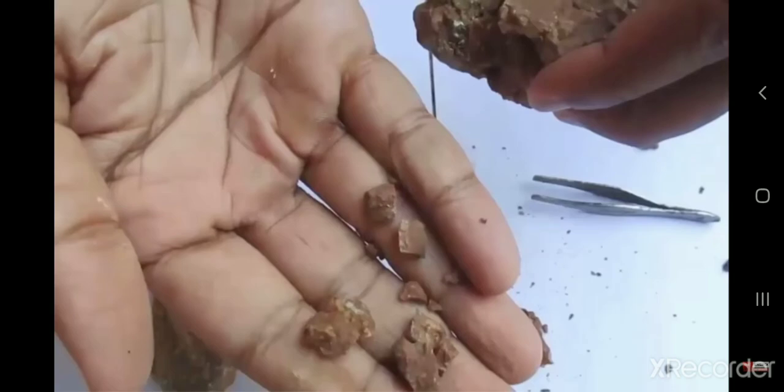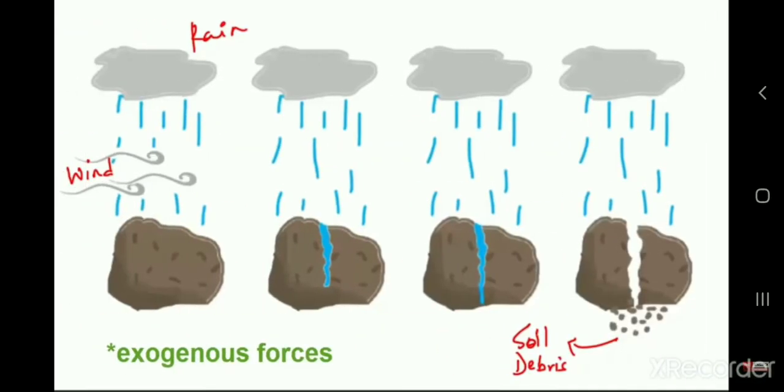Because of a lot of variation in temperature, cracks are formed in the rocks, and soluble minerals develop, which leads to weathering of the rocks. You can see, when the person is putting pressure, the rocks are being converted into pieces, right? So they are disintegrated or decomposed.